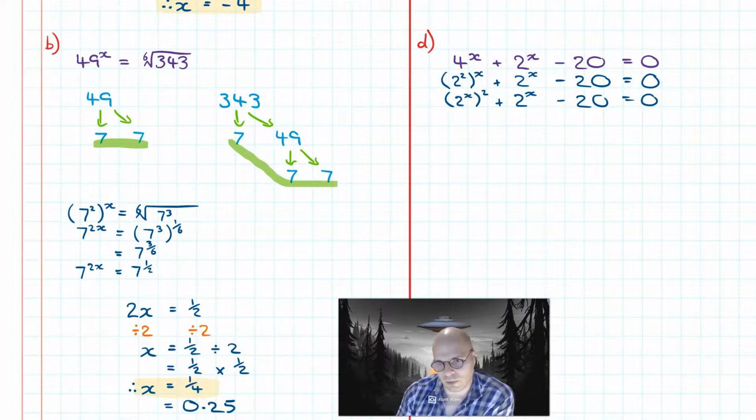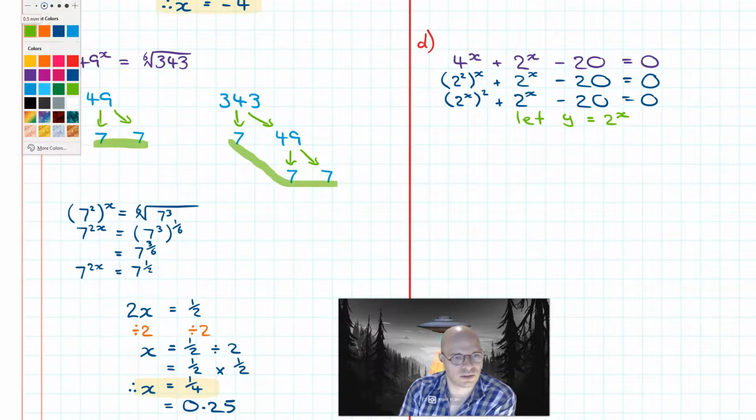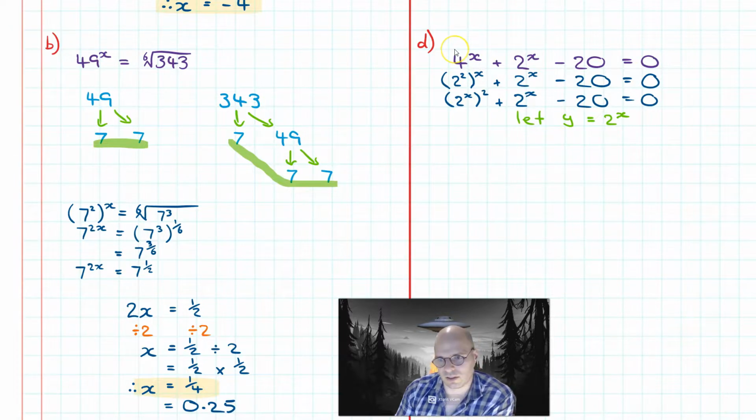Now next step that's probably not so obvious is I'm going to struggle if I try and solve it in this form. So what I'm going to do is I'm going to change the form in such a way that I'm comfortable solving that sort of problem. So what I'm going to say is let y equal 2 to the power of x. Then it's going to reveal the question as being something a little bit outside of our topic.